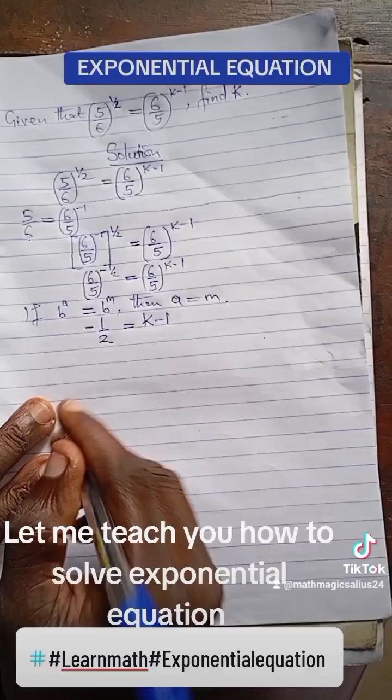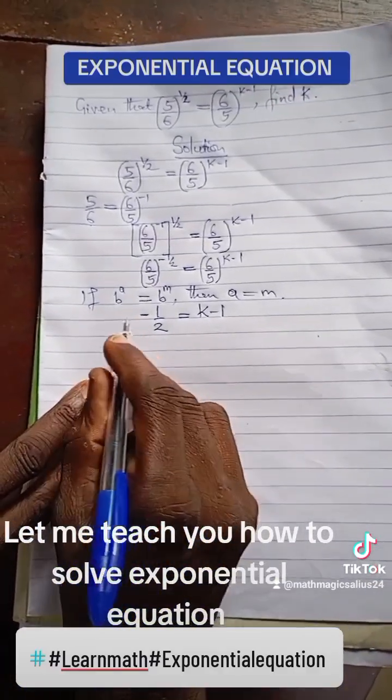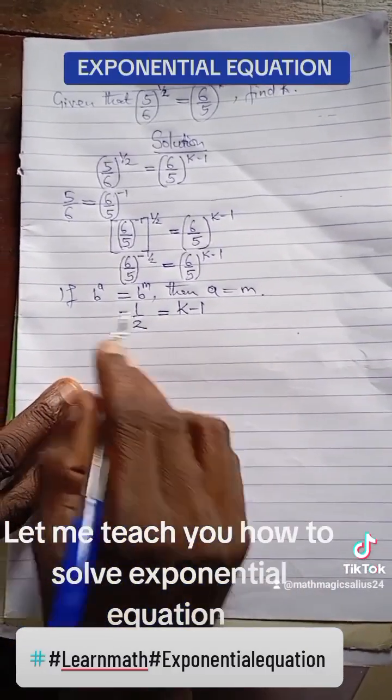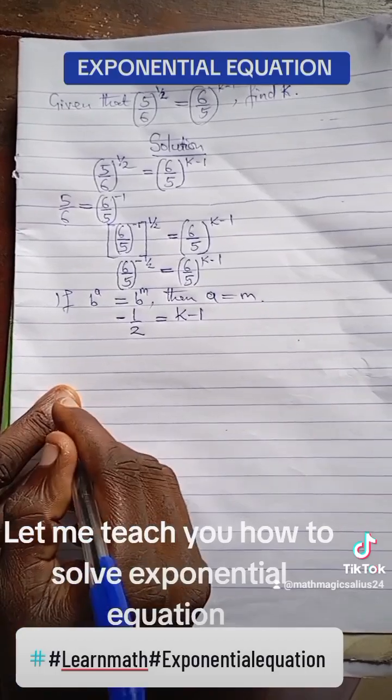What are we looking for? We want to find the value of k. Therefore, I am going to multiply both sides by 2.